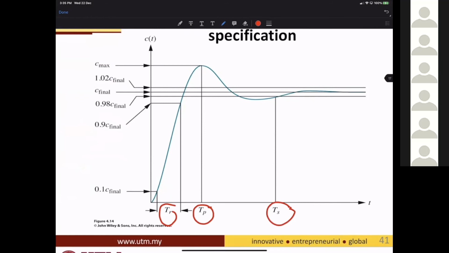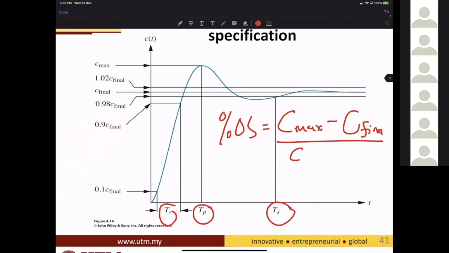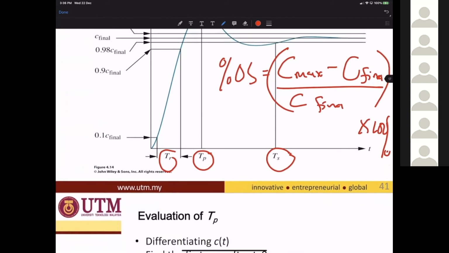So we can derive overshoot as C max minus C final, divided by C final, and all of this multiplied by 100%. Okay? Understand?